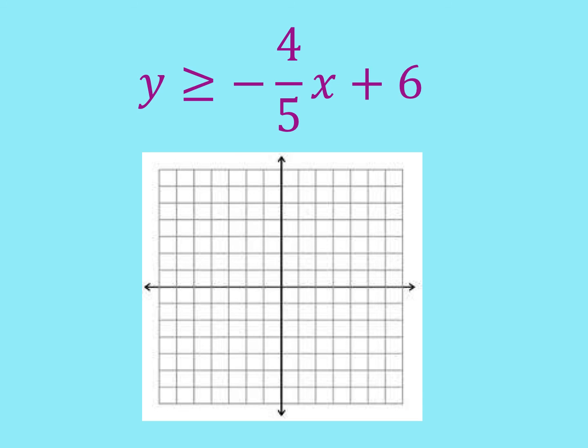Okay, so how did I say we're always going to start this? Yeah, so we're going to look at the inequality and decide, is it going to be a solid line or a dashed line? Solid. That is correct. Let me back up 1 second. It was in slope-intercept form, so we're good to go.